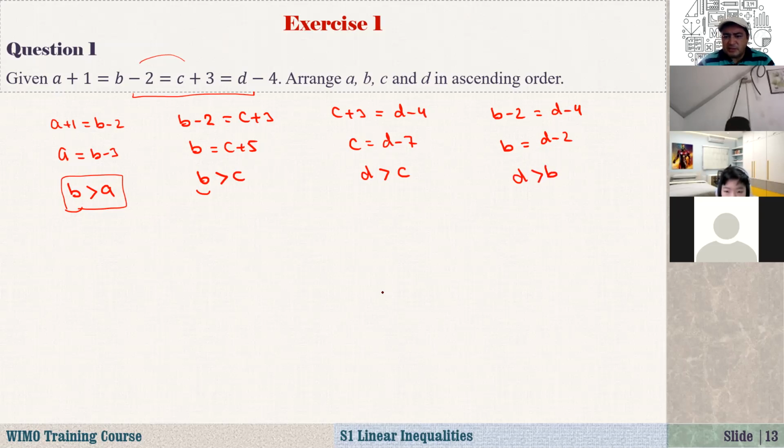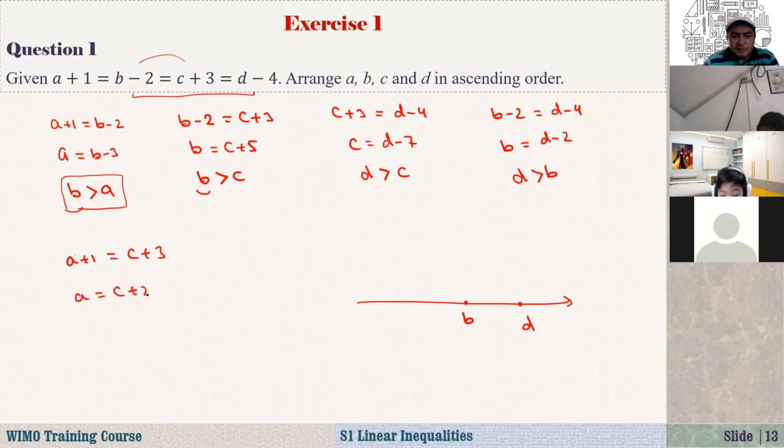So let me draw a number line. Here we have d, and b is greater than a, greater than c. So here we have b. Now I need to compare a and c. a plus 1 is equal to c plus 3, right? If you subtract 1, a is equal to c plus 2.